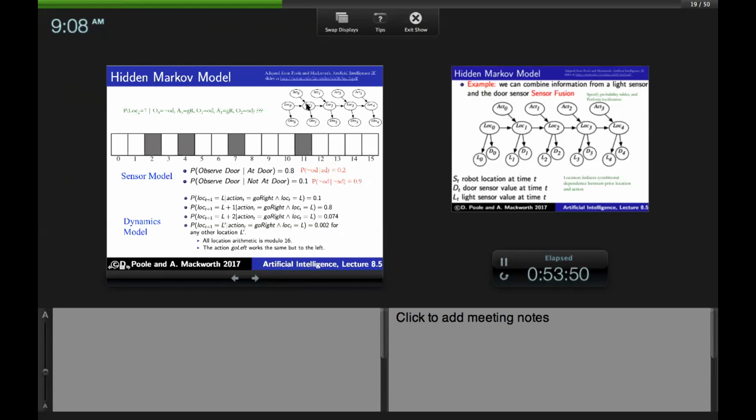If I know a location, that says that an action is independent of a prior location given the current location. Okay? Seems a bit counterintuitive since this action is listed as action sub 0 and presumably is going to be picked because I'm in a location 0 and I make an observation 0.